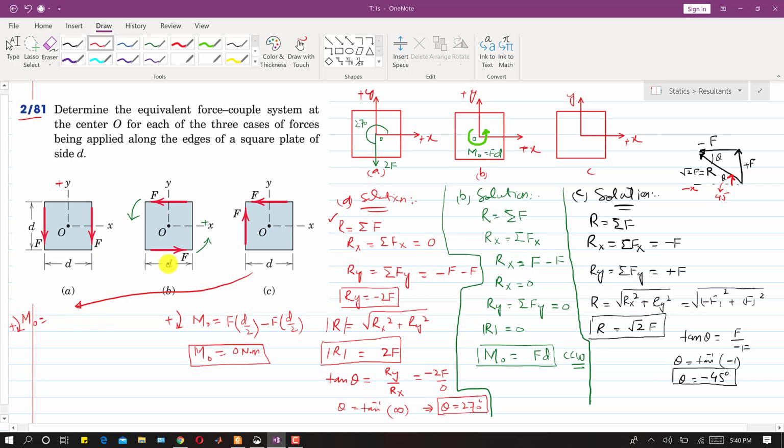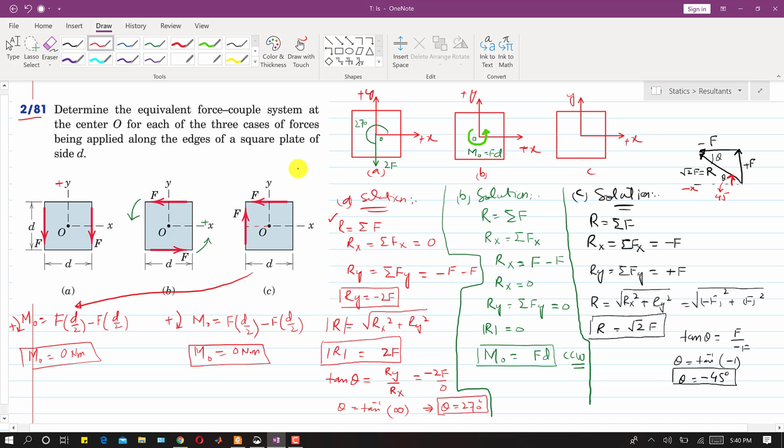So this F is producing clockwise moment, so I will write F into d by 2. The perpendicular distance of this force from O is d by 2. And similarly this force is producing counterclockwise moment, so I will write minus F into D divided by 2. So this will give us 0 moment, Newton meters. So in the third case the moment is also 0.